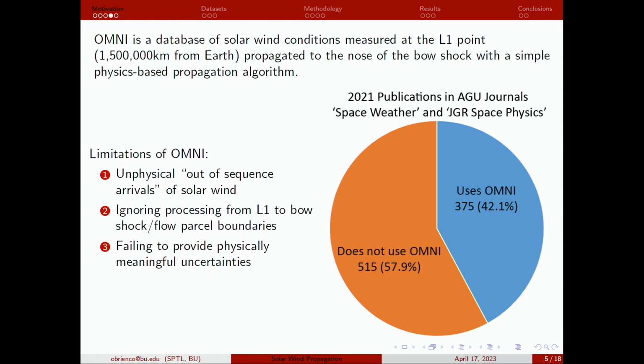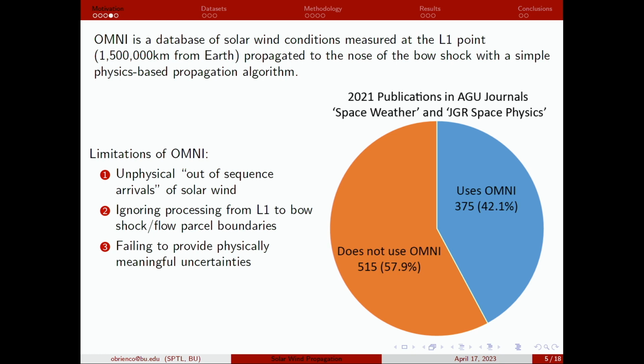In addition, there's instrument cross-calibration, all sorts of things go into this data set, and it's broadly considered to be very useful by the community. So in all of the publications in space weather and space physics, JGR, around 42% of them cited Omni data in their paper. However, this algorithm has notable limitations.